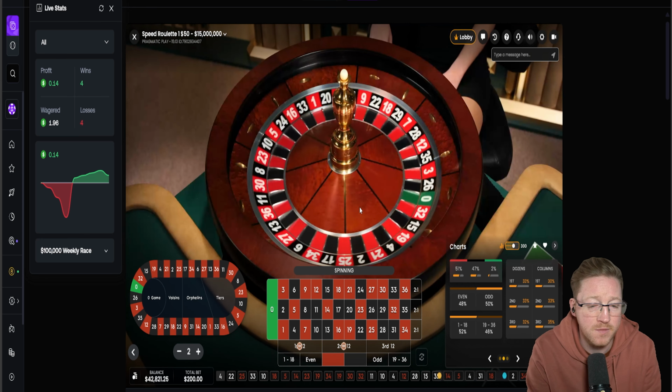So rebet, move this over and double up. So again, this will break even for us, or you could double up and try and get the win off the bat to recover plus more. Again, how you decide to place your bets and your money management, I suppose, that's going to be up to you to decide. Your risk management, I should say. So it's a 30, that's a win.